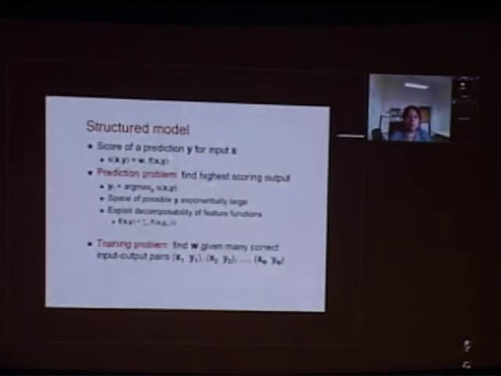So what you have to do when you define a structured learning problem is to define your feature function in such a way that the feature function decomposes over various parts of Y. So instead of thinking of Y as some arbitrary black box unit, you assume that the feature function has smaller parts.